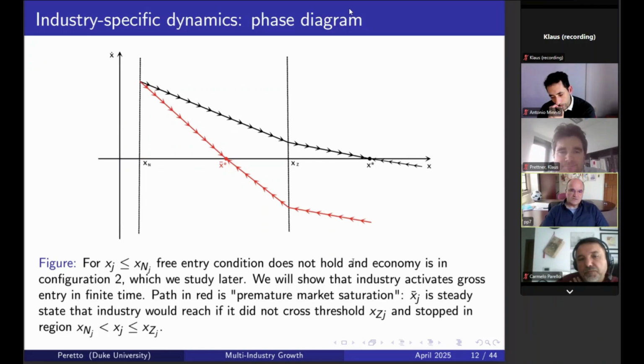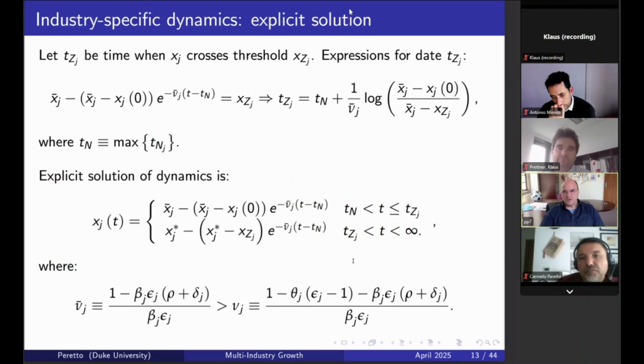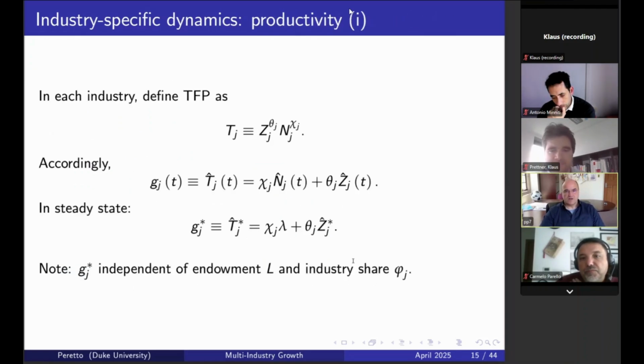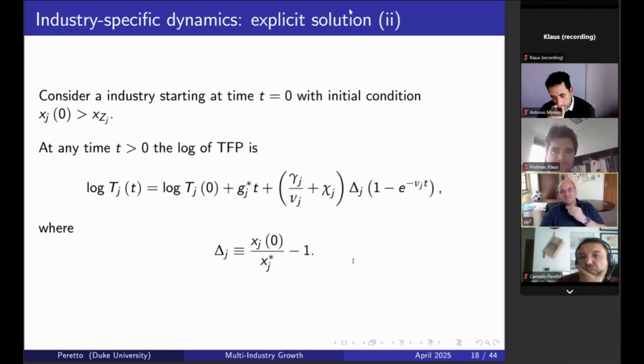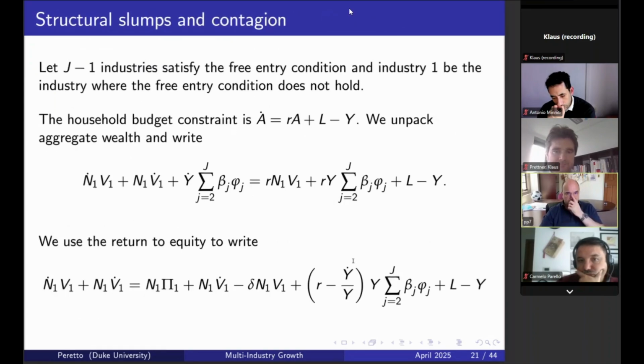And because of the underlying parameter heterogeneity, I don't think there is a one-size-fits-all kind of policy message coming out of this framework. All right, so that's the first piece of the story.